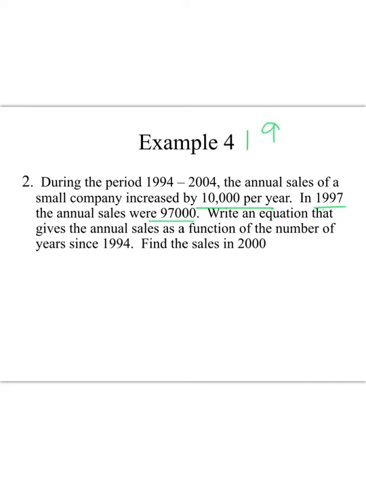So in 1997, the sales were 97,000. But 1997 is not our x value. Our x value is the number of years since when we started. So from 1994 to 1997 is going to give us an x value of 3 years.